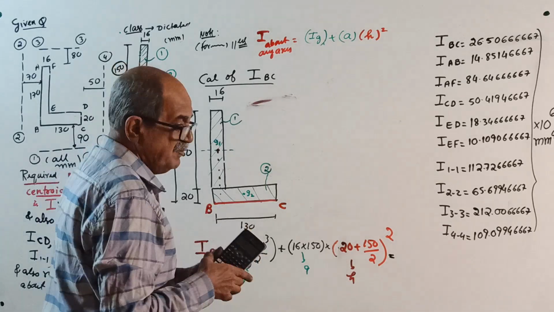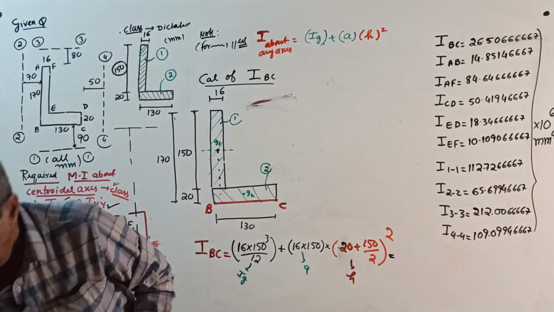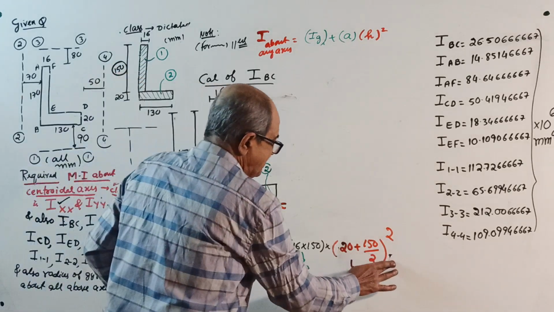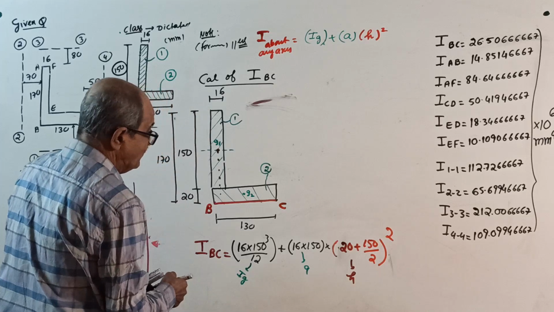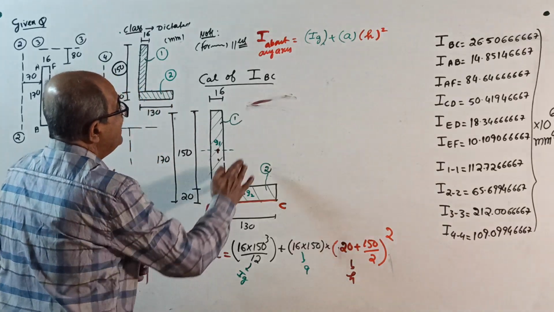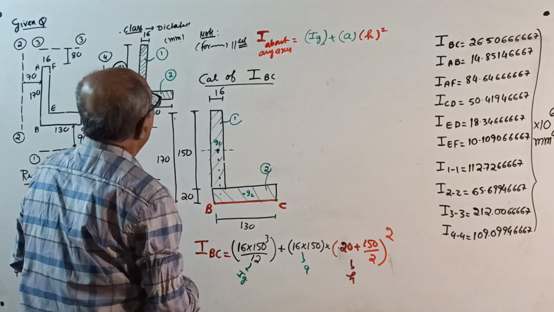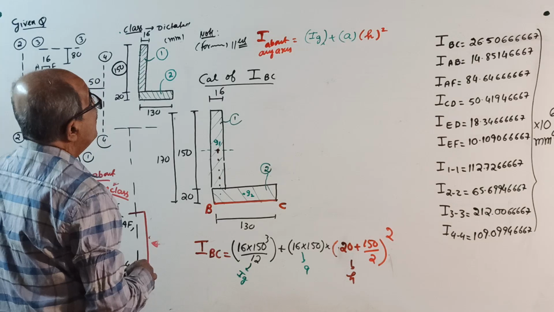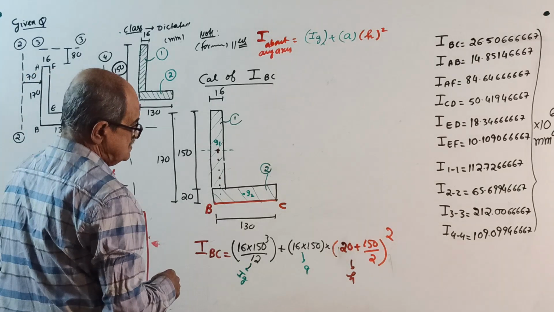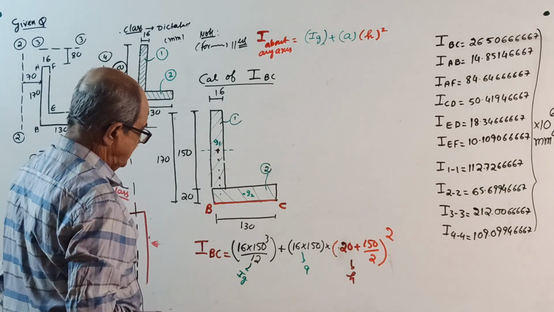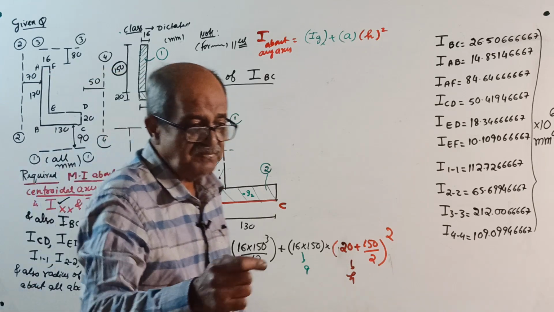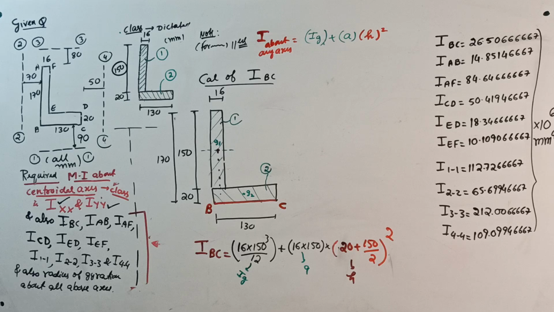Oh, one more term is there for part 1. Now there is a space problem. I don't know how to adjust the space. Can I write one more line below?